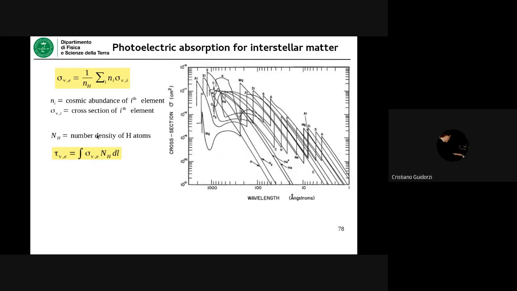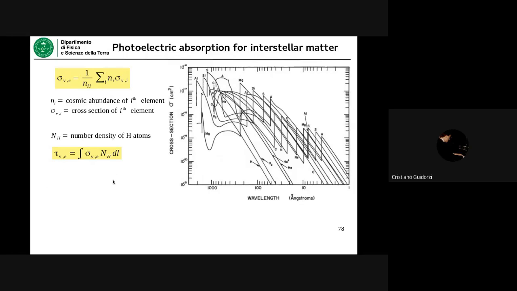So if you change the relative abundance of all the elements that are responsible for photoelectric absorption, then of course you change, as a consequence, the effective cross-section, and as a consequence the effective optical depth.